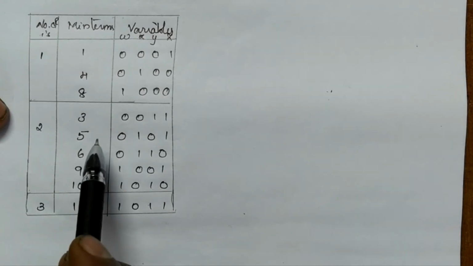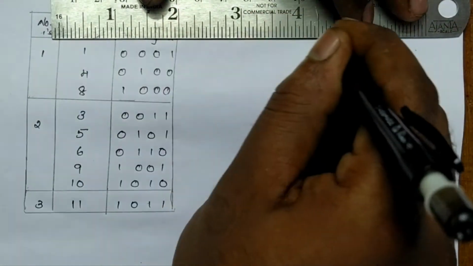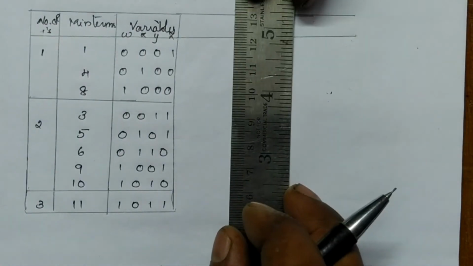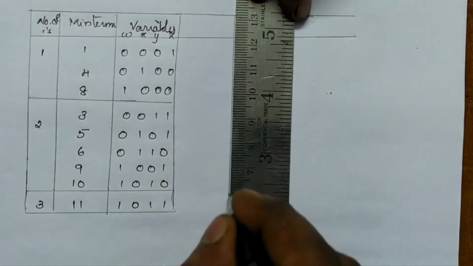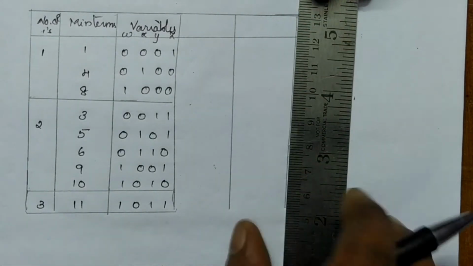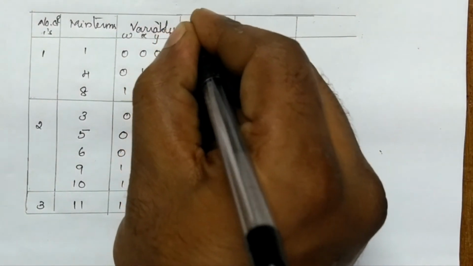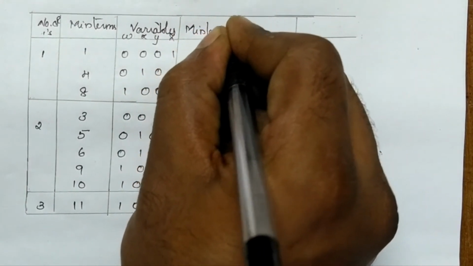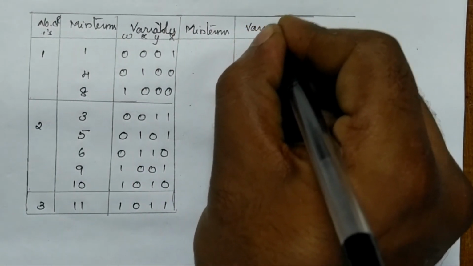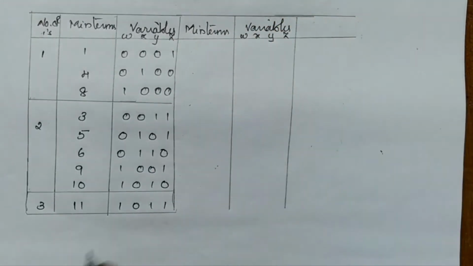Likewise, after 1 and 2 ones, we go for 2 and 3 ones. Then minterms, then variables, W, X, Y, Z.